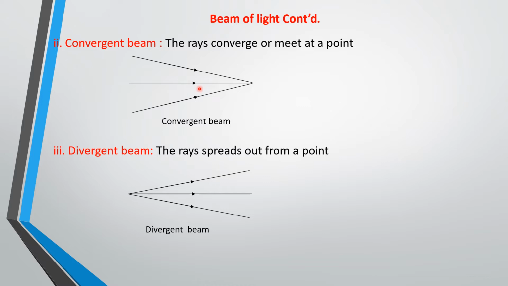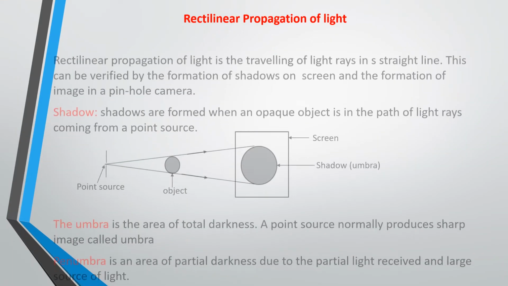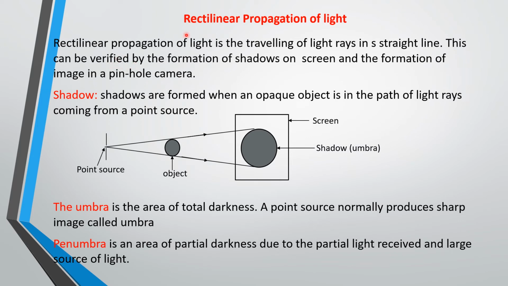Okay, so having known this, we'll now be talking about rectilinear propagation of light. When you say rectilinear, it means straight line, right? Straight line, that is rectilinear. What is rectilinear propagation of light?